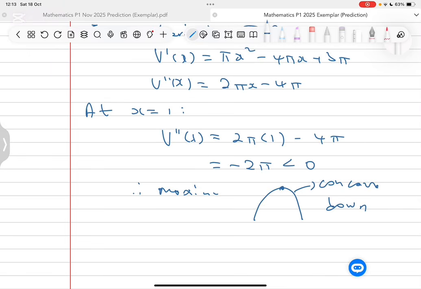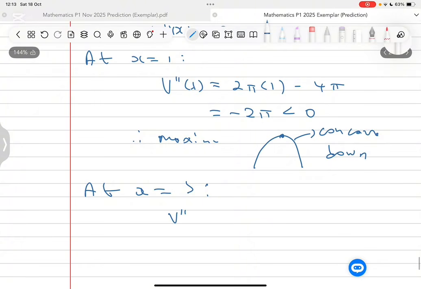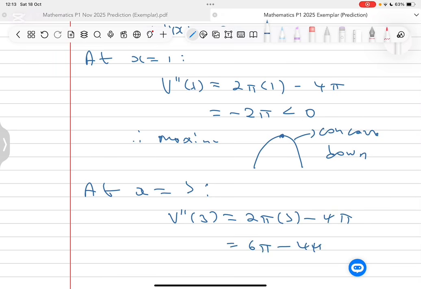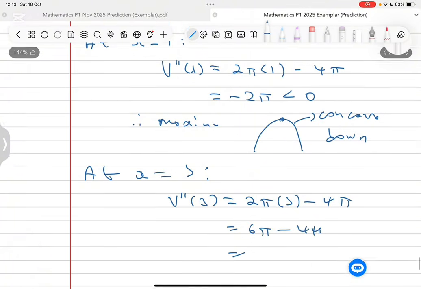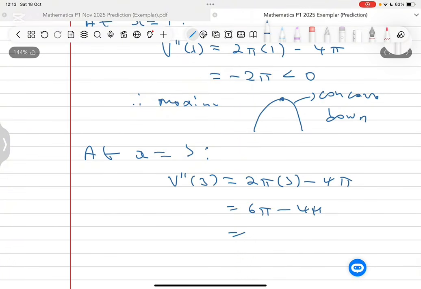But if you were to look at x being 3, you will find that our second derivative will have a 3 there, and we're going to have 2 pi times 3 minus 4 pi, and this will give me 6 pi minus 4 pi. This would then mean that we have a 2 pi, and 2 pi is positive, greater than 0.